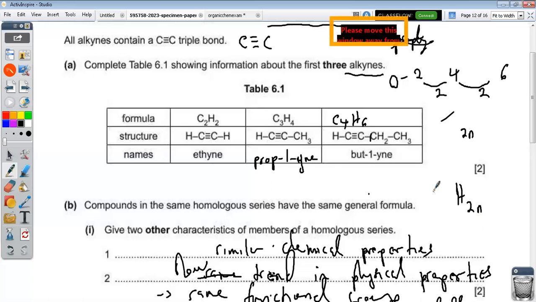Then on the carbons, it's simply Cn. No, it's not correct. If I say C3 here, then that will be wrong, because the formula has to work. So what's the correct formula then? Cn what?